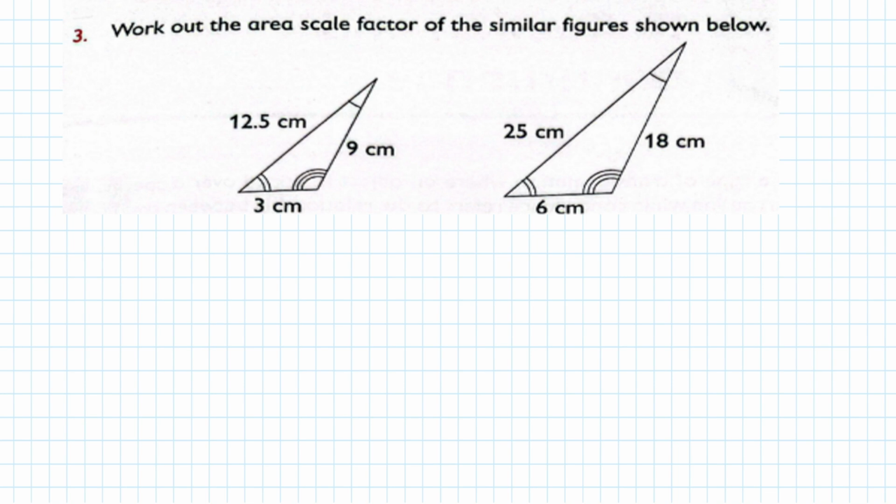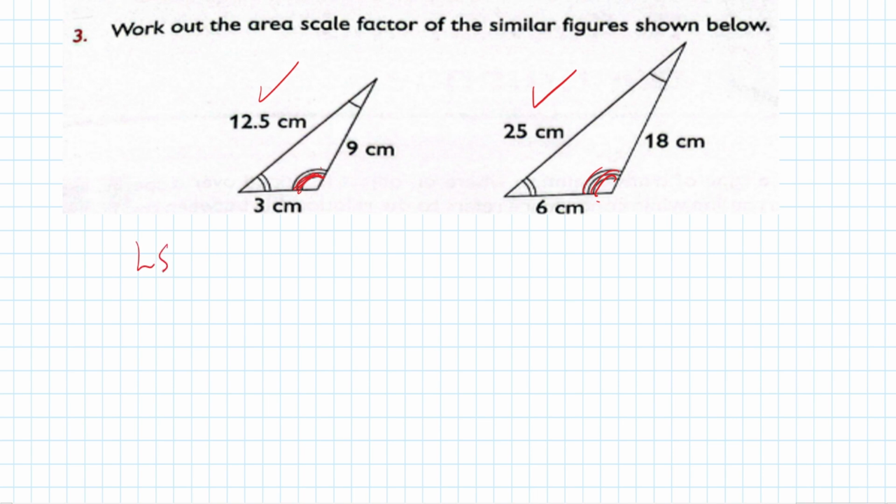Work out the area scale factor of the similar figures shown below. You must know similarity and enlargement as well. Now this one, when you see triple angles here and also triple angles there, the two triangles are similar to each other, and therefore 25 is here, because it is opposite that triple angle. It is 2.25 and the triple angle opposite it here is 12.5.